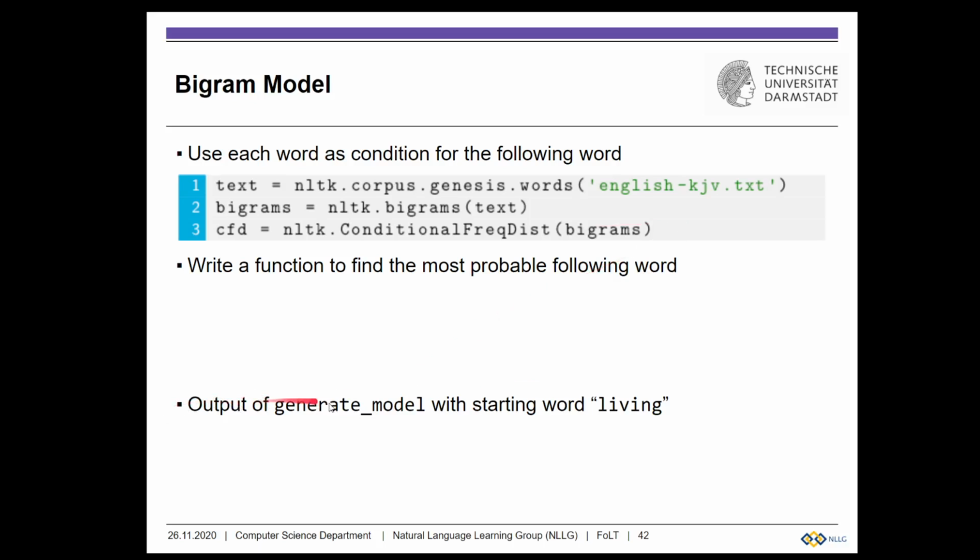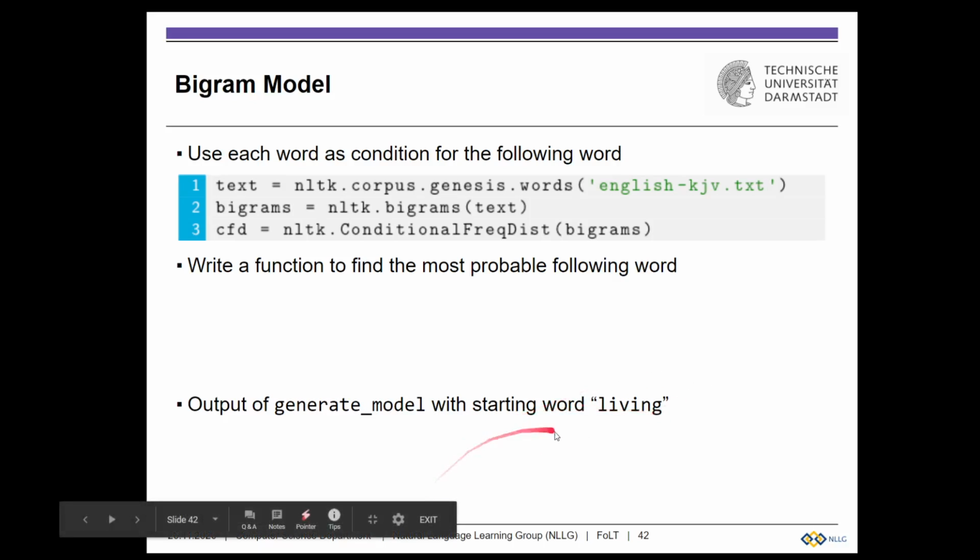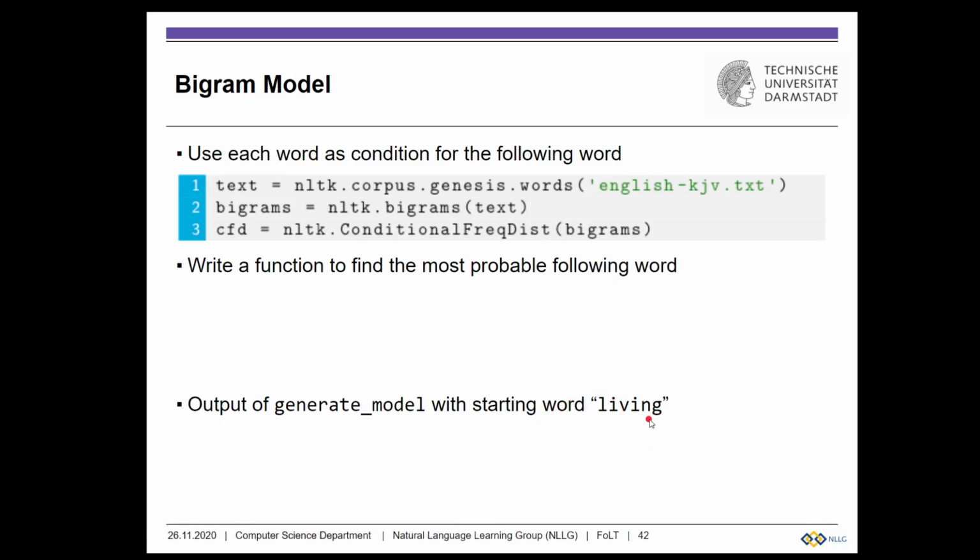And then we start generating, and we implement a function generate model that starts out with some words such as living, and then always samples the most likely next word, until we run out of memory, or we run out of time, or we lose interest.